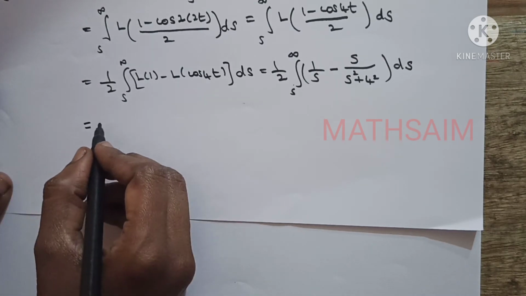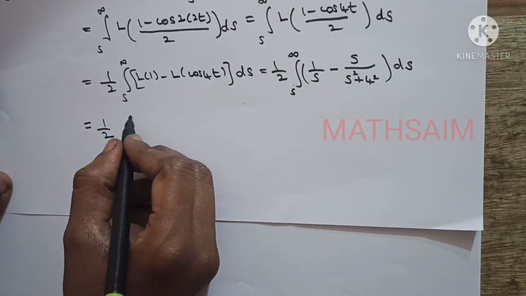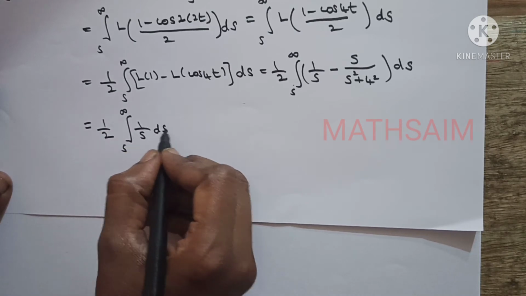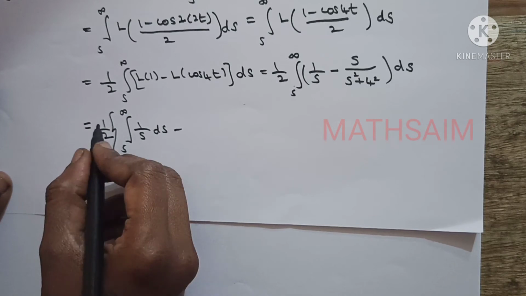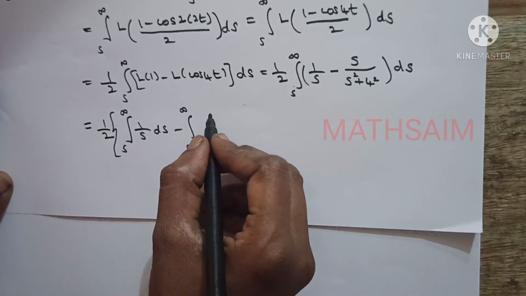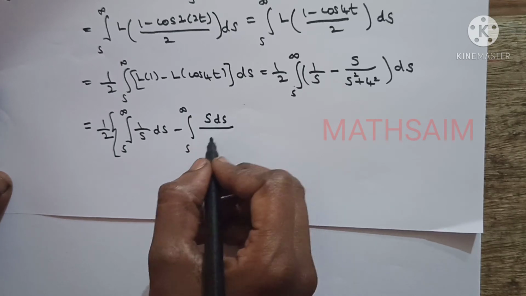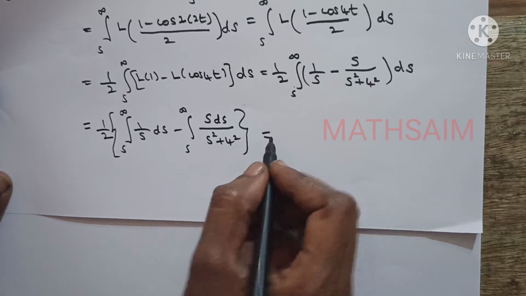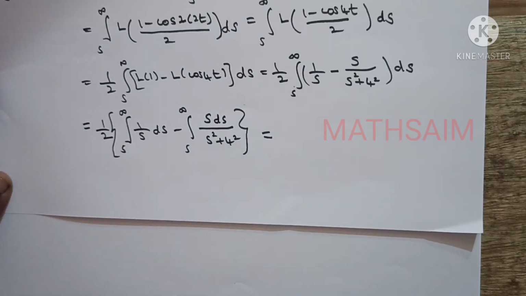So this one is 1 by 2 into integral s to infinity 1 by s into ds, minus, since 1 by 2 is common for both the terms, integral s to infinity s into ds by s square plus 4 square. Now integration of 1 by s into ds is log s.